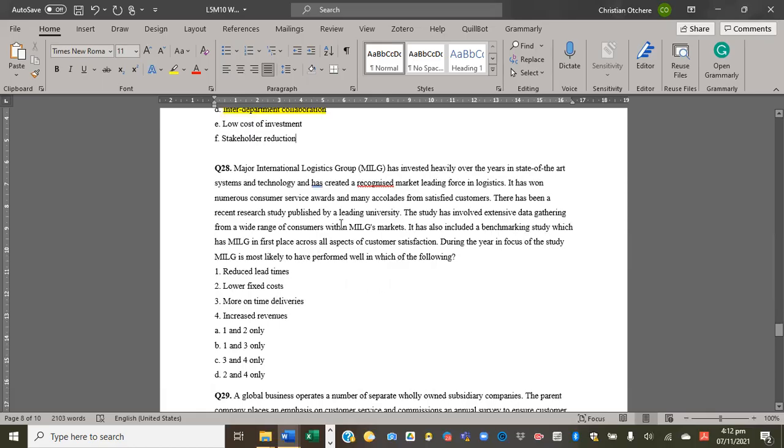The study has involved extensive data gathering from a wide range of consumers within MILG's markets. It has also included a benchmarking study, which has MILG in first place across all aspects of customer satisfaction. During the year in focus of the study, MILG is most likely to have performed well in which of the following?